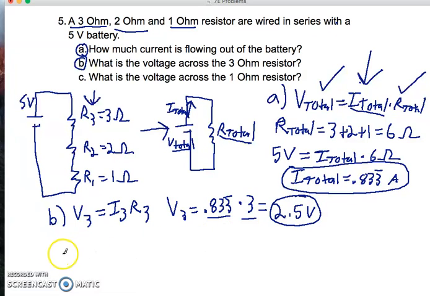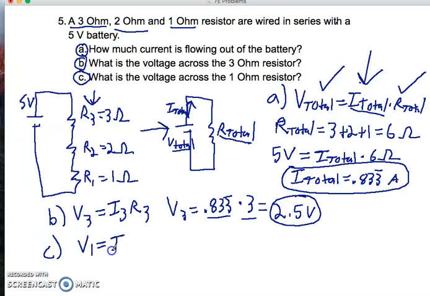So that's how we get the voltage across the 3 ohm resistor, by applying Ohm's law to this resistor right here. So C, what's the voltage across the 1 ohm resistor? This is the exact same thing except with R1 instead. We're going to apply Ohm's law to just this one resistor.